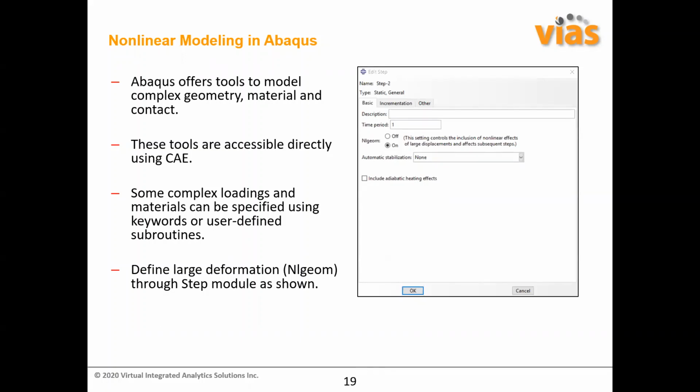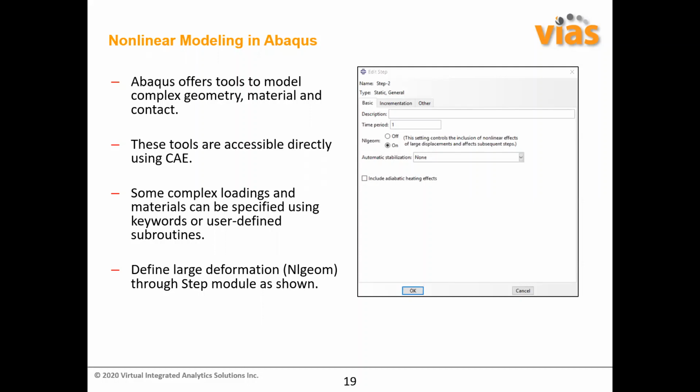If you know that your problem is going to be complex and may involve nonlinear geometry and large deformation, then you should turn this option on. All of these tools to render the nonlinearities in Abaqus are accessible in the Abaqus CAE graphical user interface, which is easier to use, at least for beginning to intermediate users.